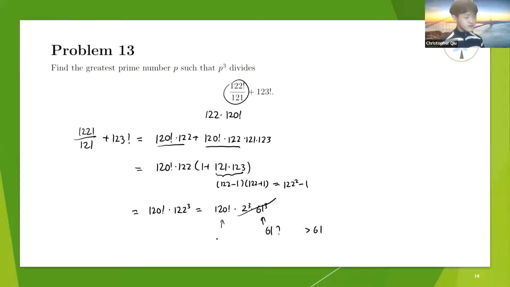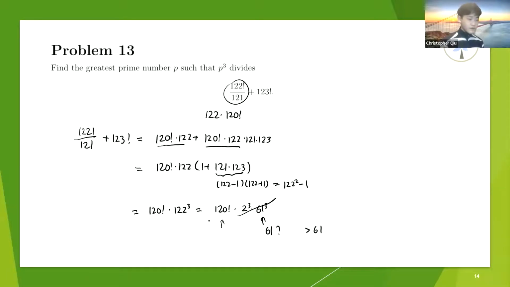And then we can notice that any prime that is greater than 61 will appear at most once, because primes that are greater than 120 obviously do not divide this number. But for any prime that we want to consider that divides, that's greater than 61, we can notice that this number that we have here can divide it at most once.